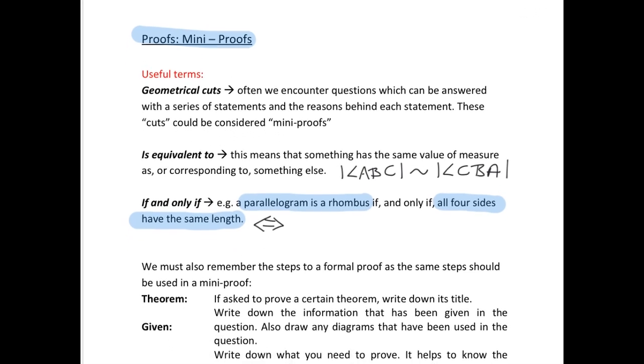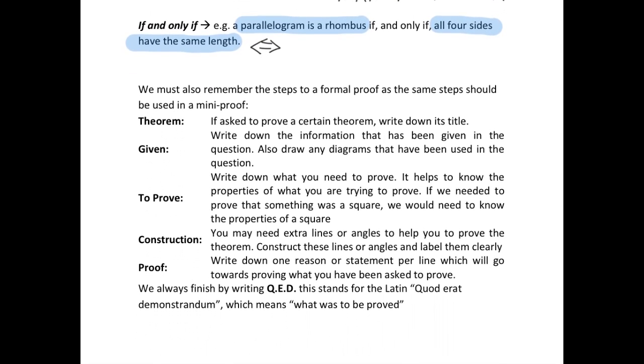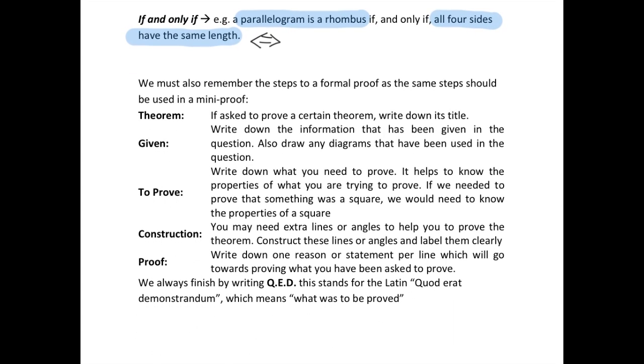Now, before we start looking at some examples of mini-proofs, let's just remind ourselves of the steps to a formal proof, because the same steps should be used in our mini-proofs. So first, we write down the theorem. If we're asked to prove a certain theorem, we write down its title. In the case of mini-proofs, this may not be 100% necessary, but what is necessary is to write down what we are given.